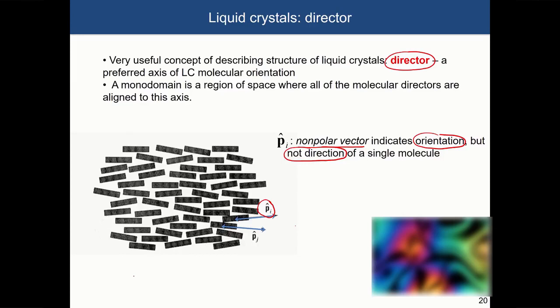So the director itself will be defined as a non-polar vector that describes the average of the orientations, and it will be indicated with this n symbol. And what this symbol simply means is that this is an average of p_i over volume.